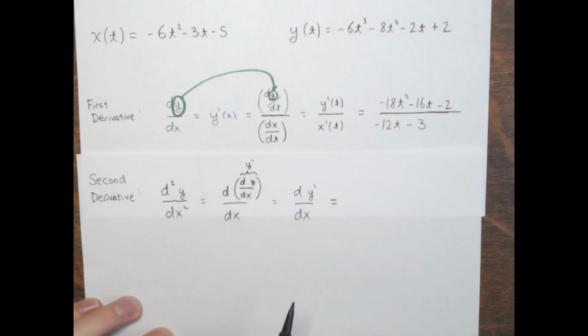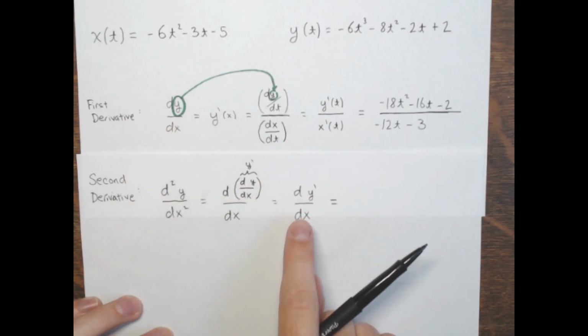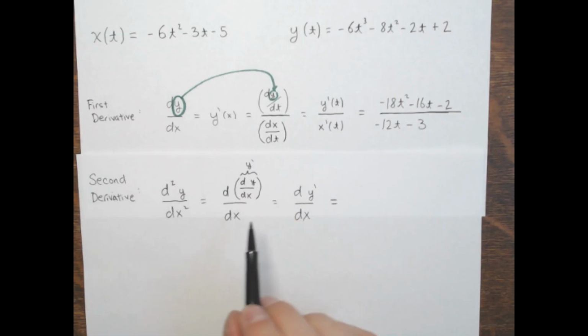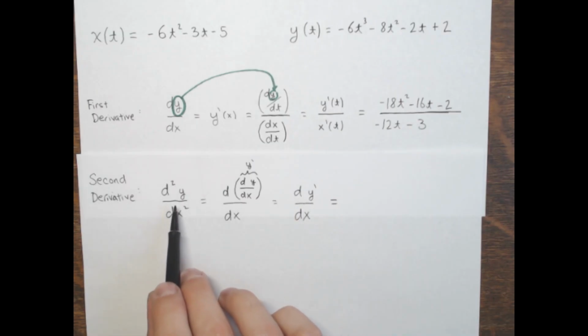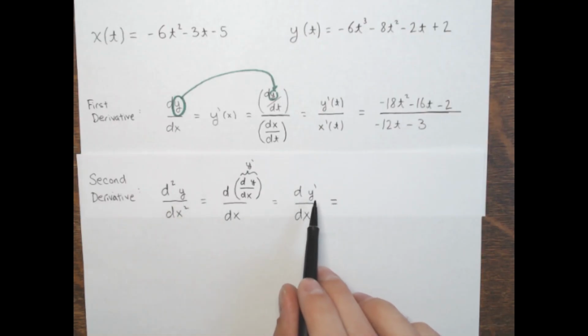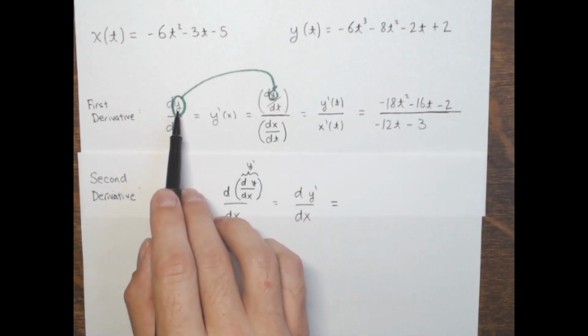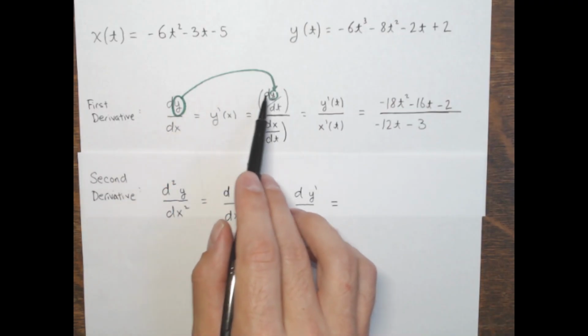And since things are defined parametrically, I'm going to just reapply, or now this is a first derivative, right? Again, the second derivative of y is the first derivative of y prime. And we know how to find the first derivative of stuff. You take the derivative of that thing, right?